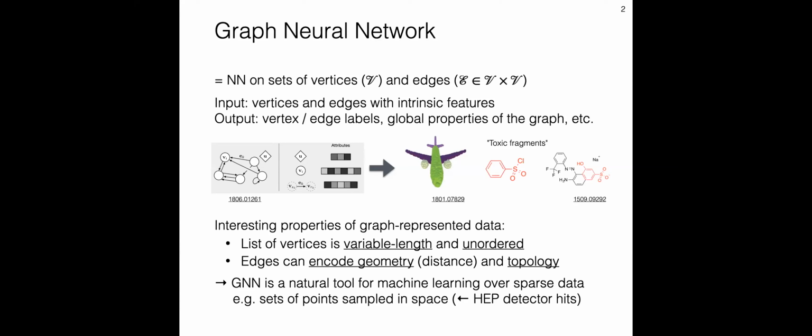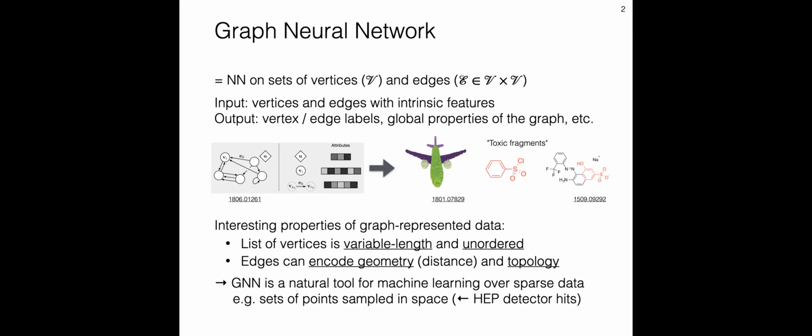Now, interesting properties of graph-represented data are that the list of vertices is variable length and unordered. So it's very much a set of vertices, and also the edges can encode not just topology. Edge connections would be basically the topology itself, but they can also encode geometry as distance, represented as some number in the features.